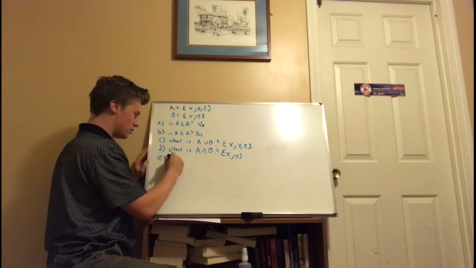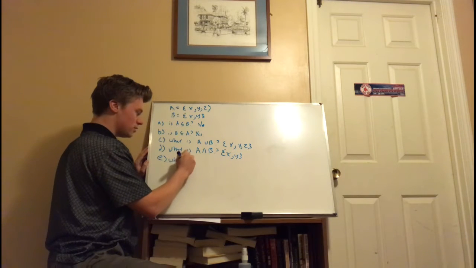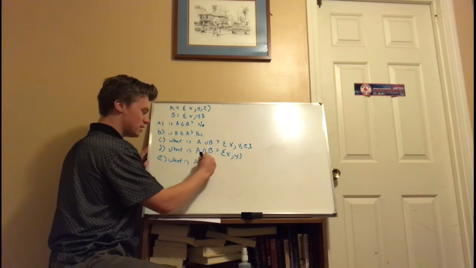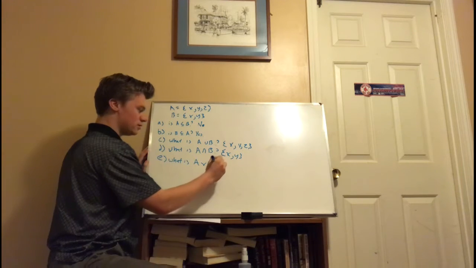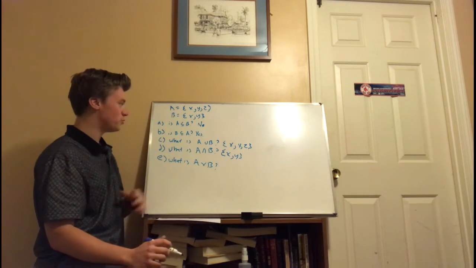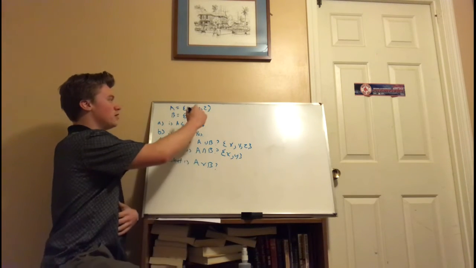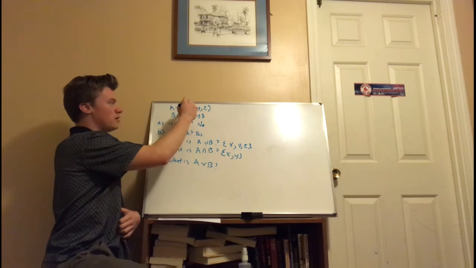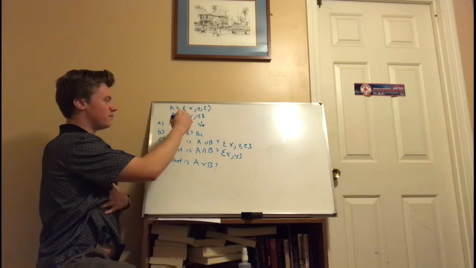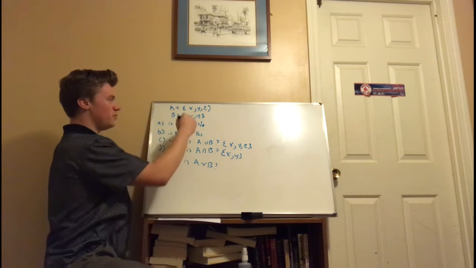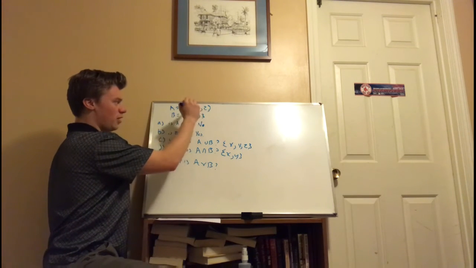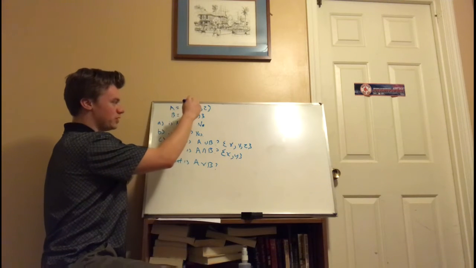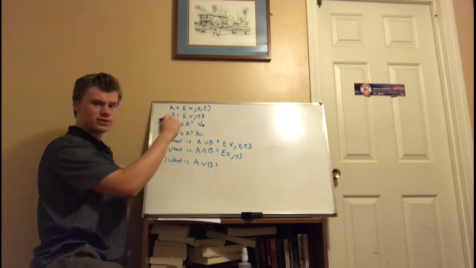E. What is A times B? So in order to do set multiplication, you take the first element of the first set, or you take the first element of the smaller set and combine it with each element of the top, and you do the same with the second.